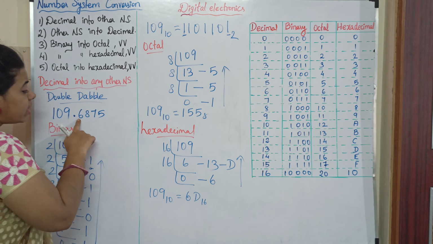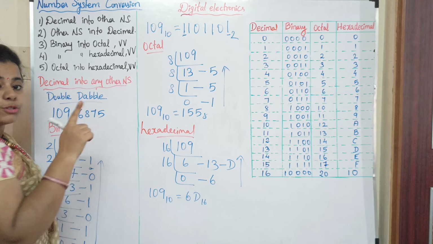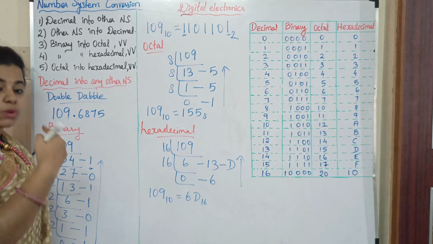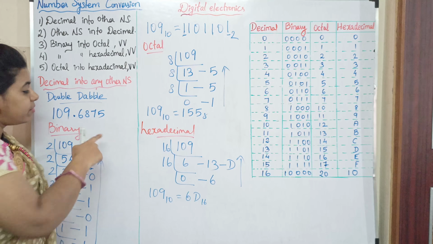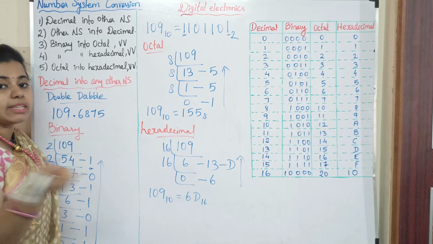If you want to convert this fraction part into binary, then you have to multiply this with 2. If you want to convert this fraction part into octal, then you have to multiply this with 8. To convert this into hexadecimal, then you have to multiply this with 16.